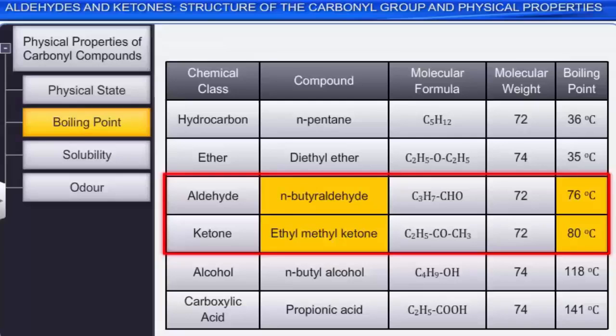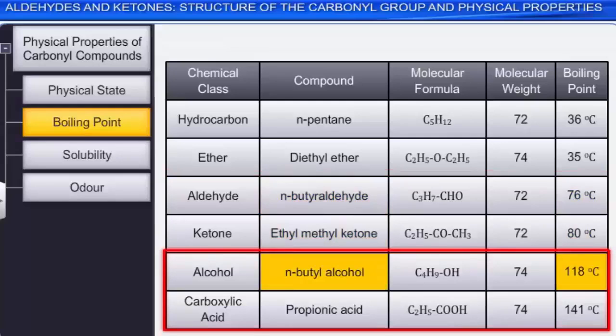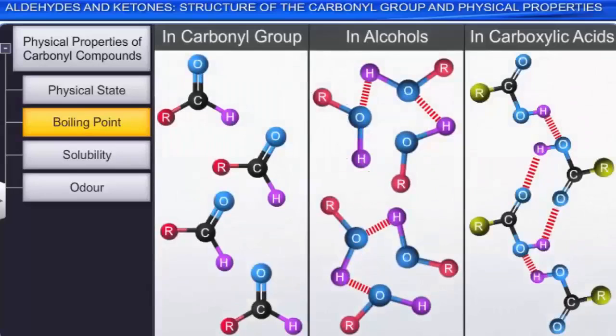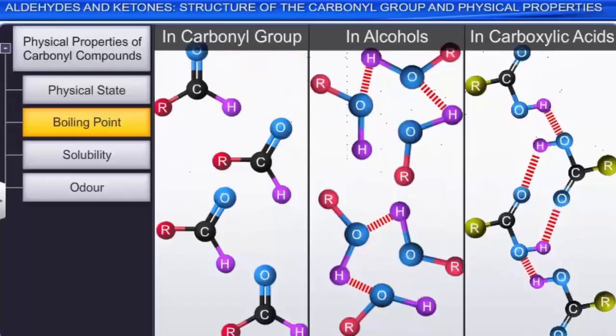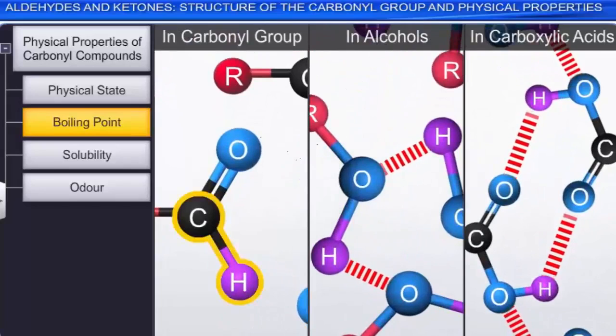However, their boiling points are lower than that of n-butyl alcohol and propionic acid. This is because carbonyl compounds are not capable of forming intermolecular hydrogen bonding by themselves, since they contain a hydrogen bonded to carbon, but not to oxygen.